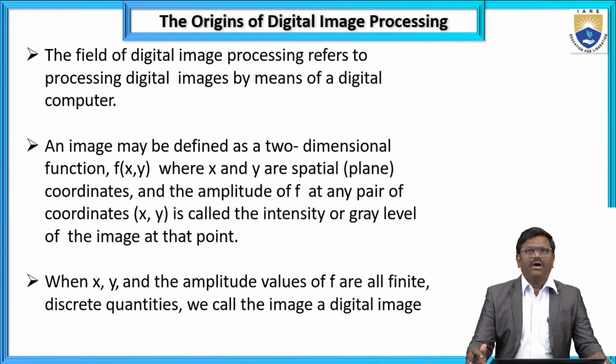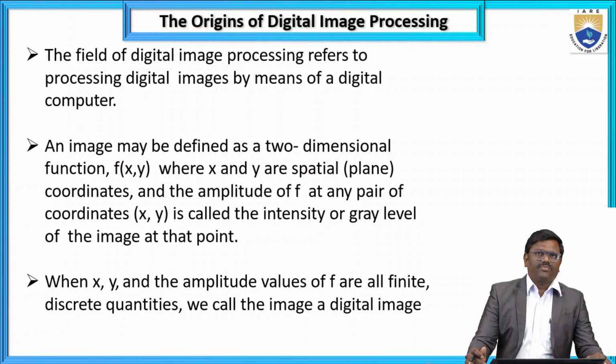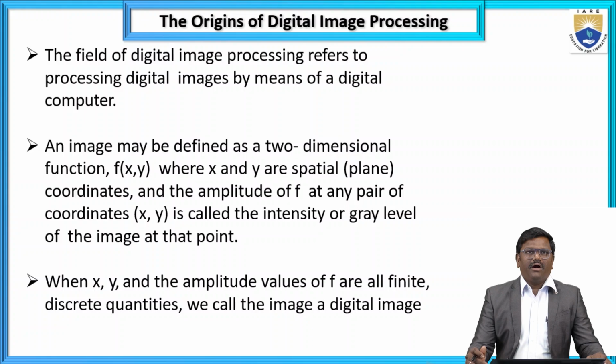Actually, we are aware of digital image processing, which we call simply image processing. The field of digital image processing refers to processing digital images by means of a digital computer.